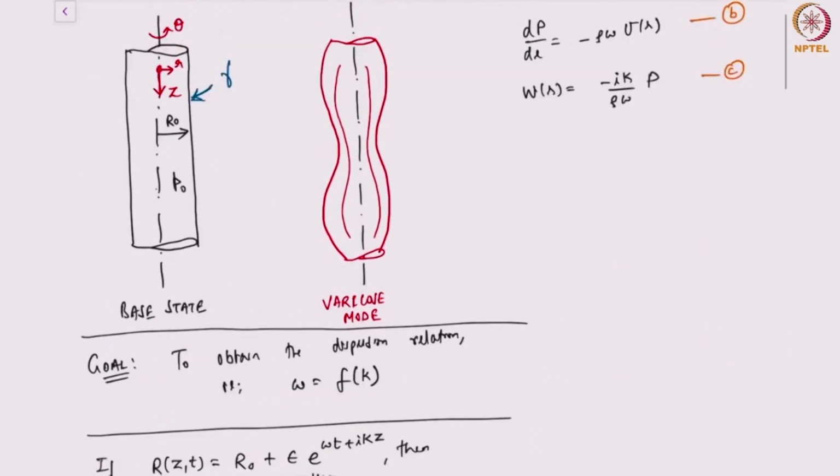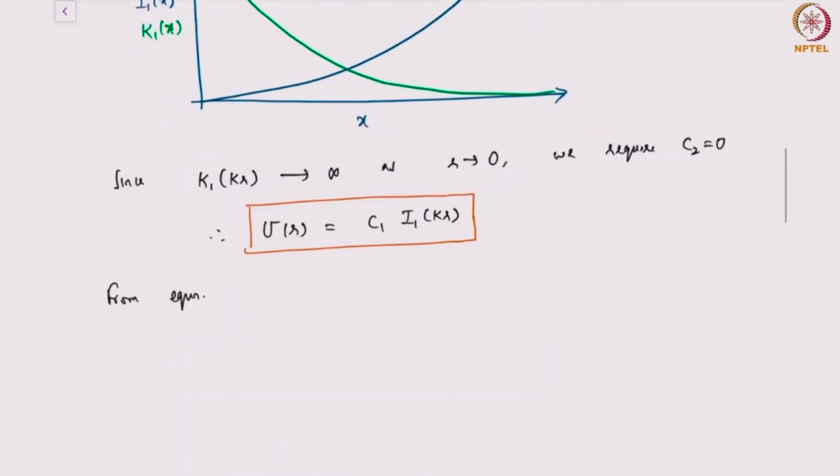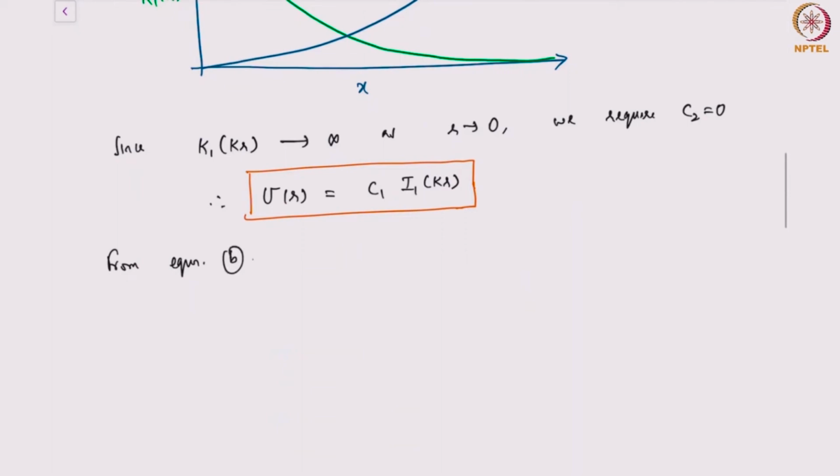We want the equation B. If you see this equation, the pressure gradient is related to the radial velocity. From equation B, we know dP by dr is minus rho omega capital U of r. This is nothing but minus rho omega C1 I1 of kr.